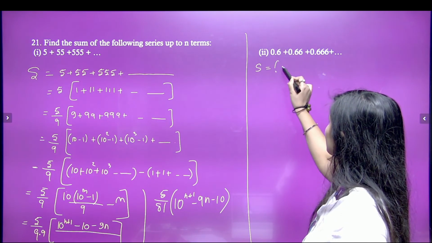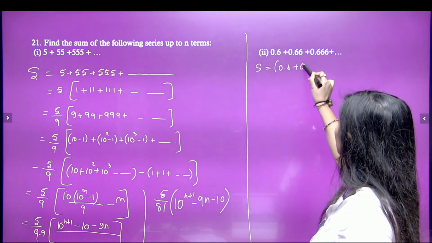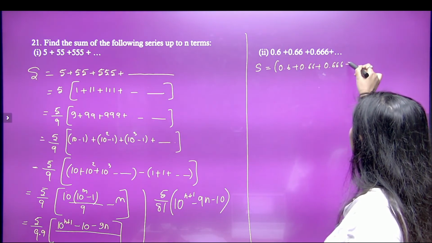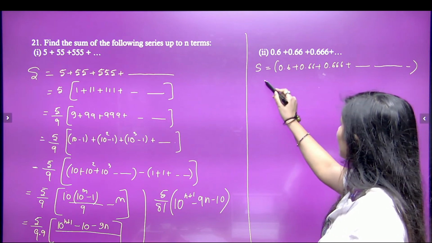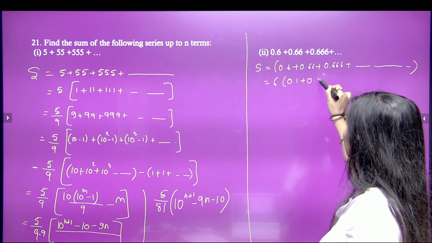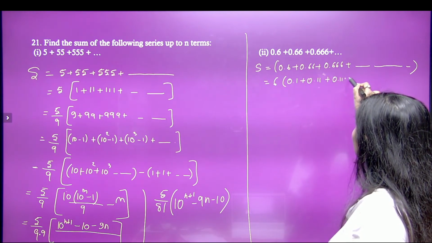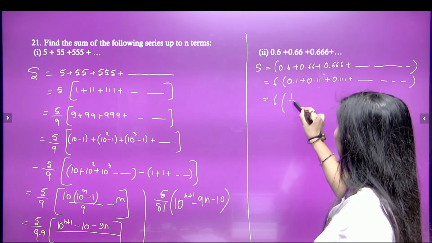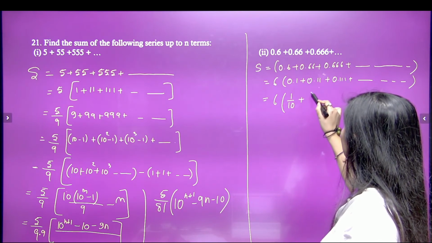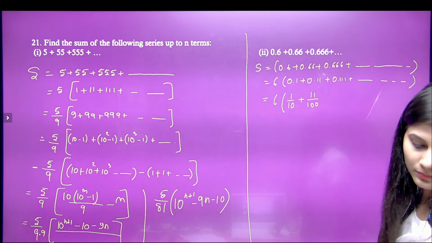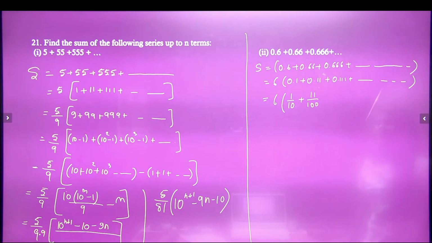So it is 0.6 plus 0.66 plus 0.666 plus like this. Now if I take 6 common, it is 0.1 plus 0.11 plus 0.111, and it goes on like this. So I can write 1 by 10 plus 11 by 100, 111 by 1000.